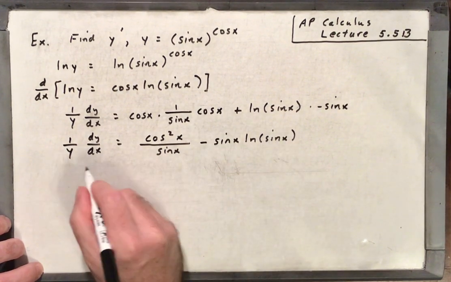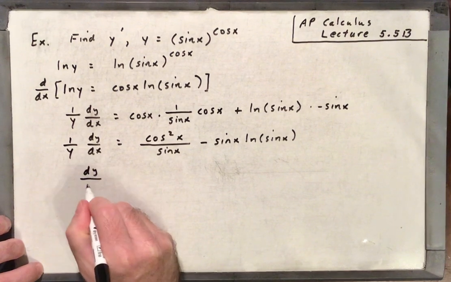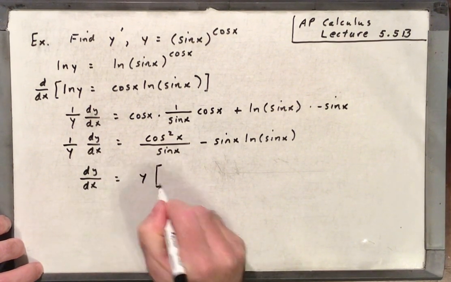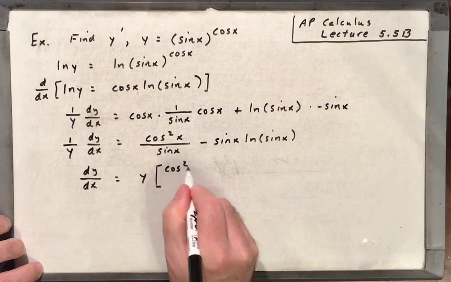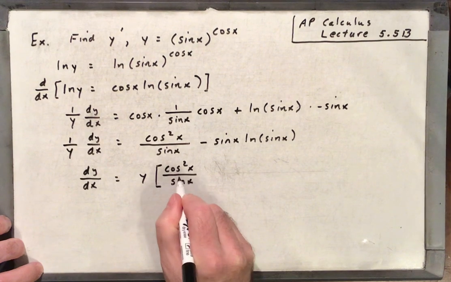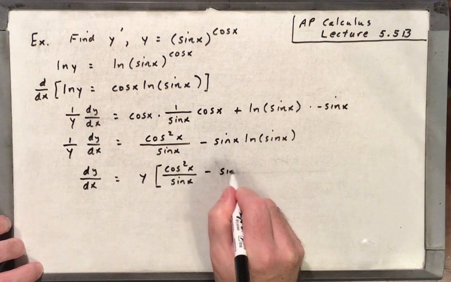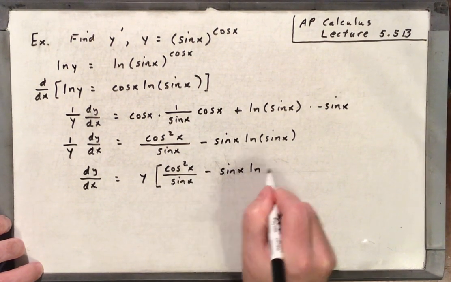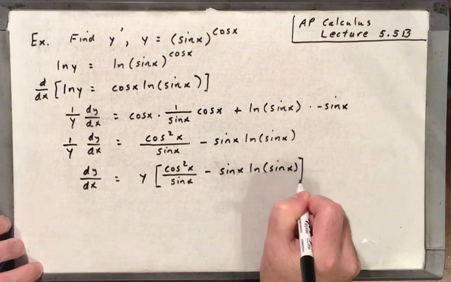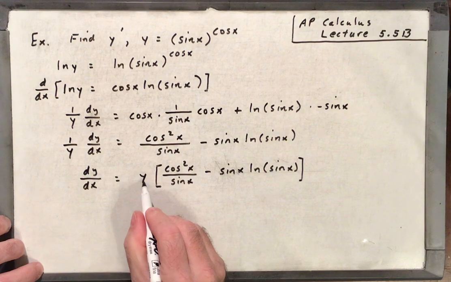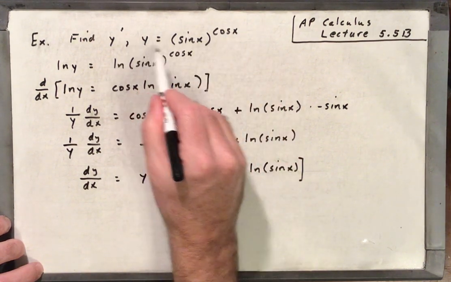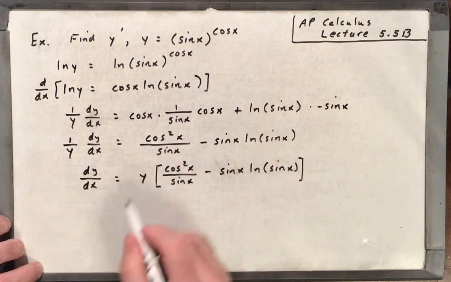Okay, so now I'm going to multiply both sides by y. We have y times all that. And then substituting for y, sine x to the cosine x, we've got to go back to the original equation.